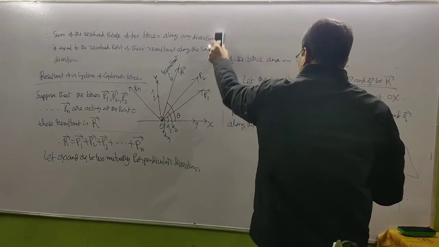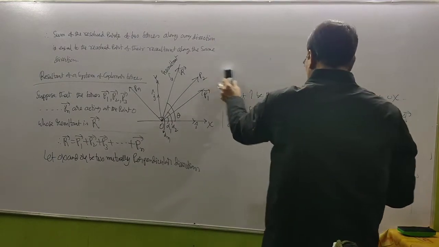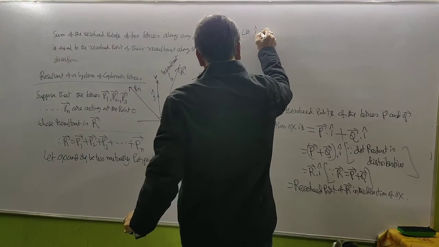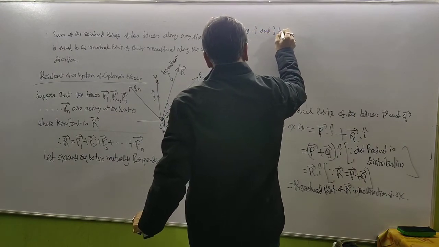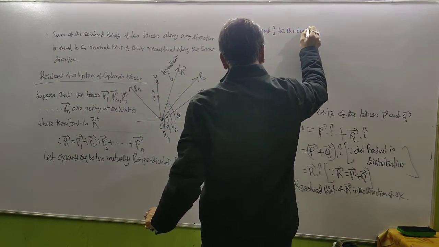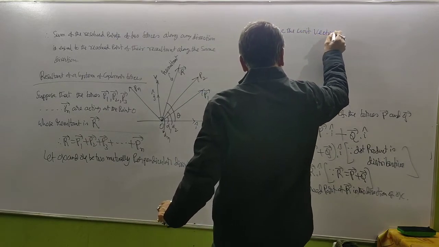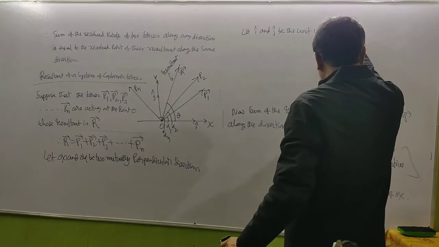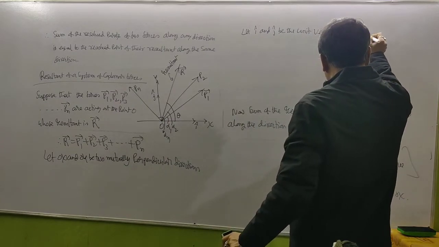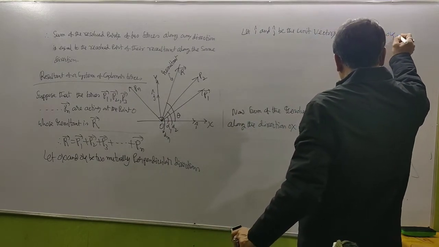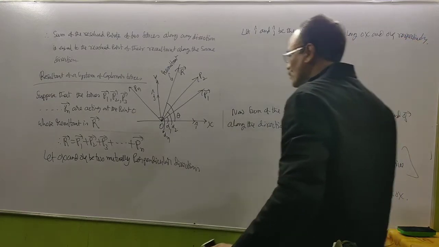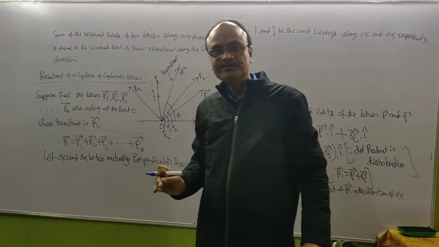Let i cap and j cap be the unit vectors along OX and OY respectively.